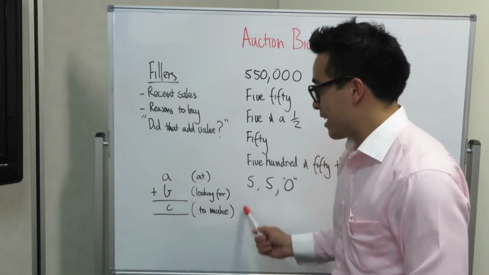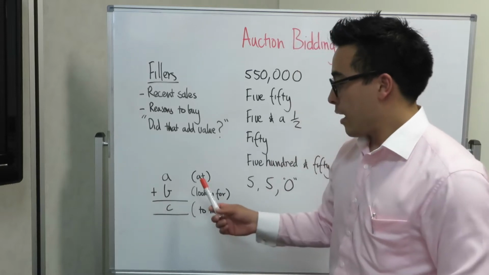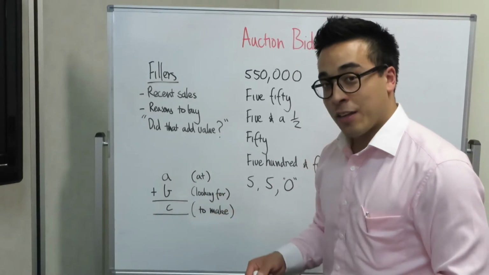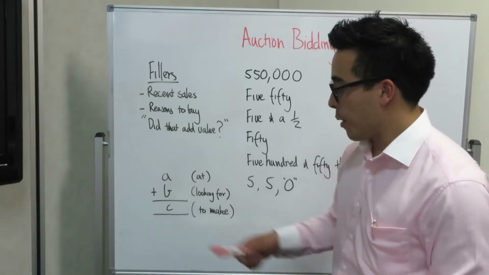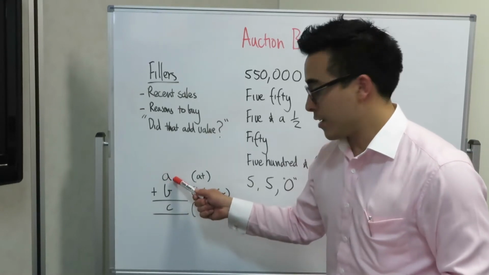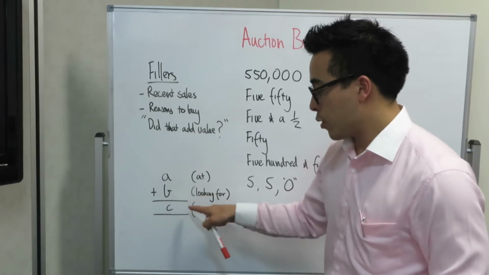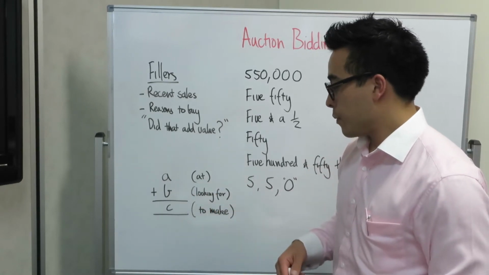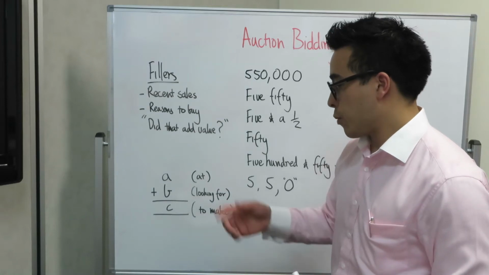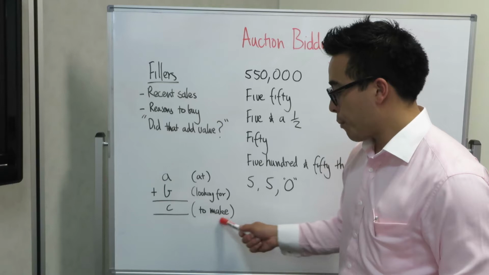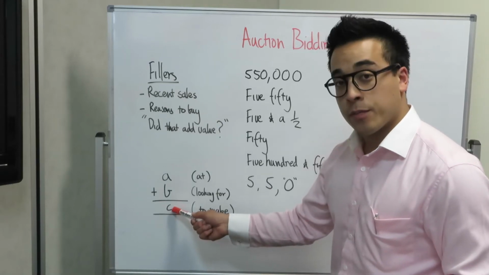What this is, is called the A plus B equals C, and that's when you're calling for an auction. You might be at 525,000, which is your A, and then your B number is what you're looking for, say 25. So 525 plus 25 to make 550.